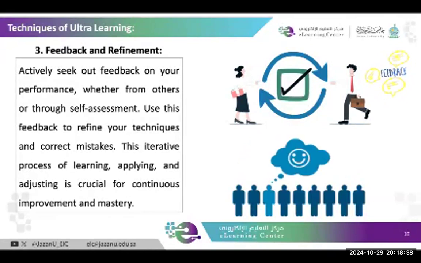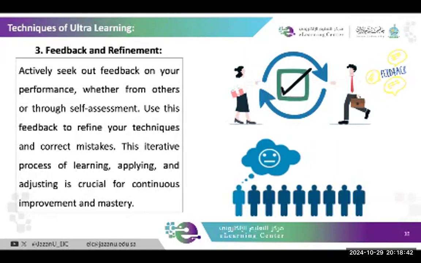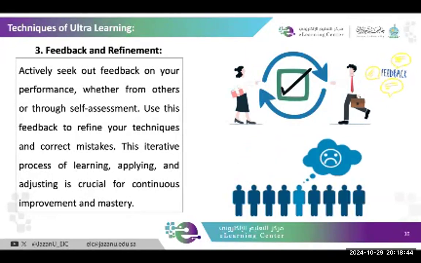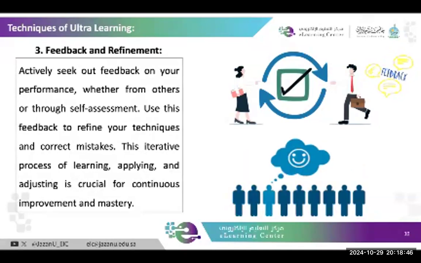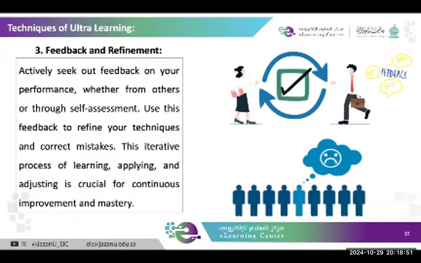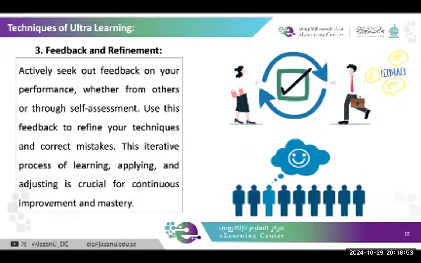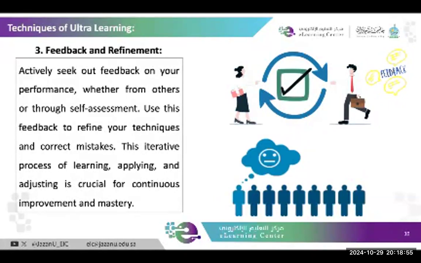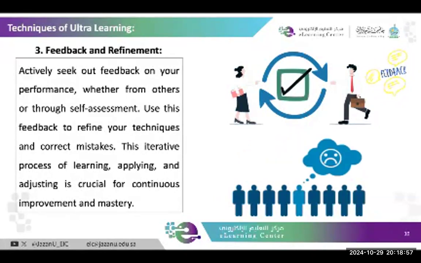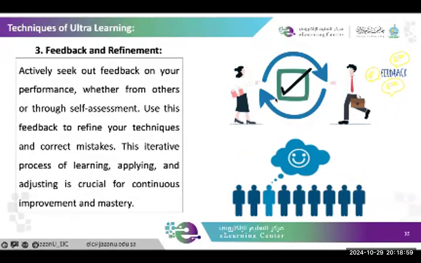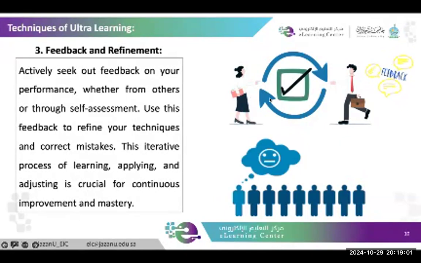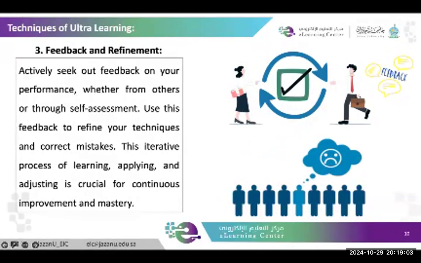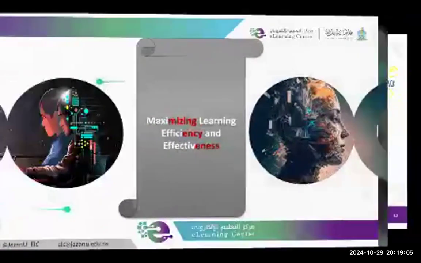And not only feedback, you should give them some kind of solutions: okay, these are your strengths, fine, but these are your weaknesses, and how you can convert your weaknesses into strengths, that does matter. So feedback and refinement are also important for the academic environment, and especially for the techniques of the ultra learning environment.